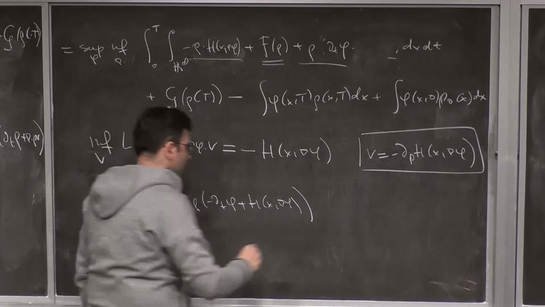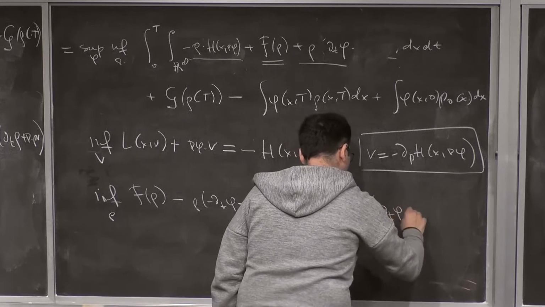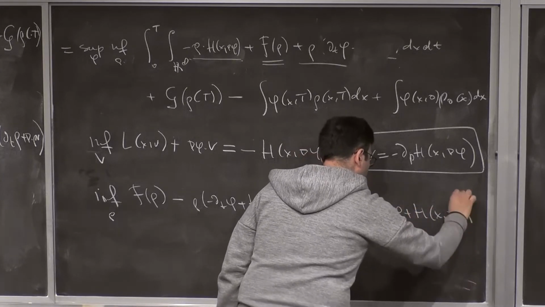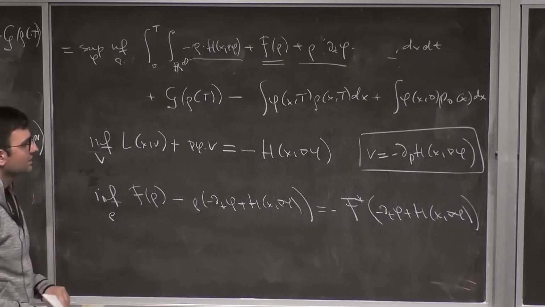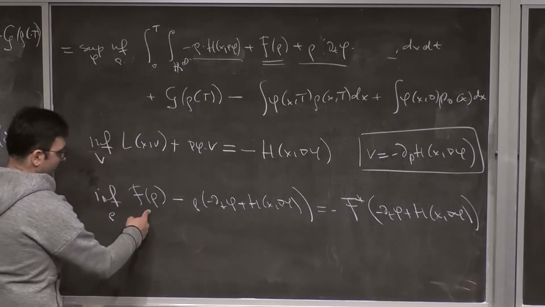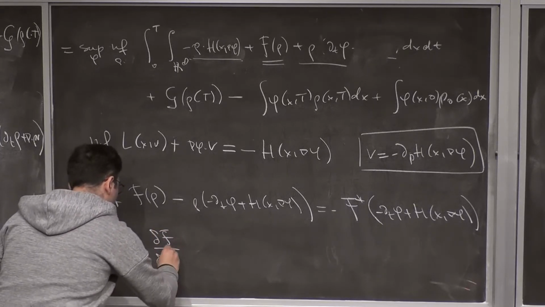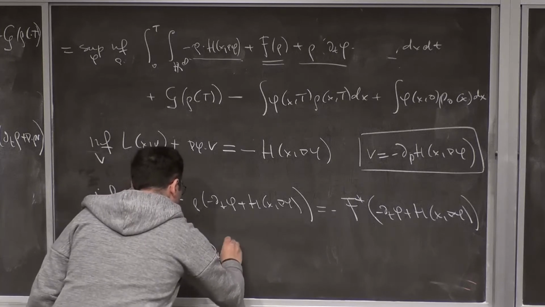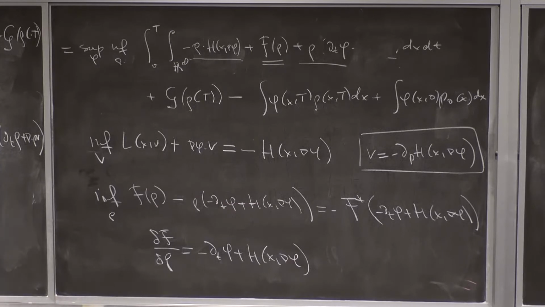And this is equal to f star, right? And additionally, the optimality condition gives me the derivative of f with respect to rho is equal to, right?